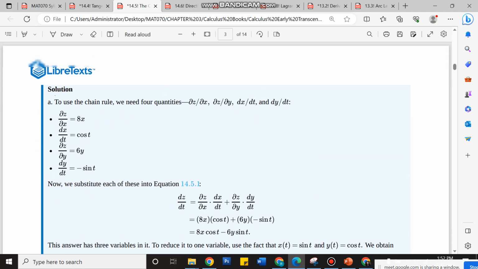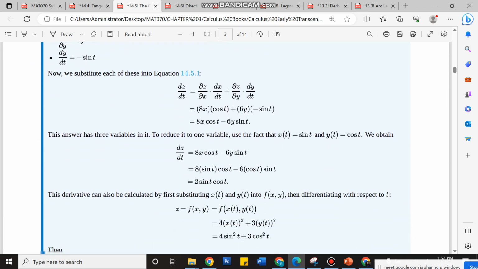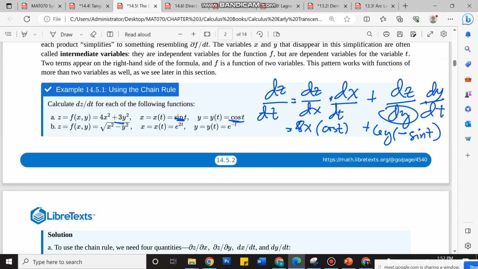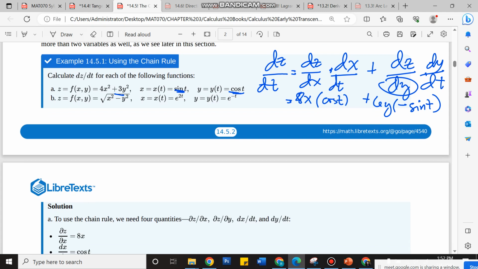Okay. So, however class, dili pa ta maka declare ani nga final answer nato, since ang gipangayo sa atua is the derivative of z with respect to t. Dapat ang final answer naka-t na tanan. If you notice naa pay x and y, so what do we do? We directly substitute our x and y here.